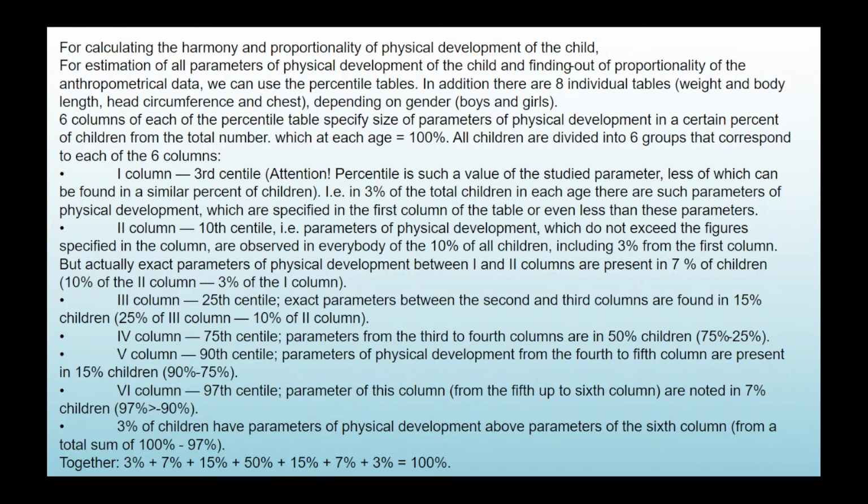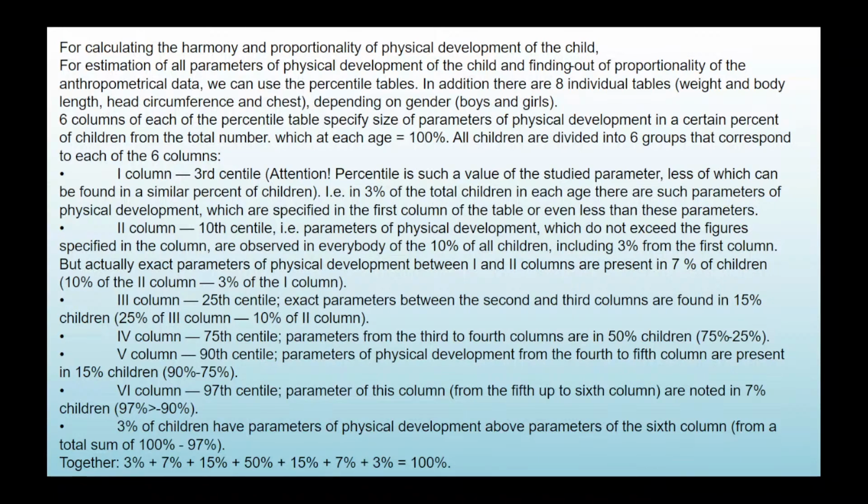The third column, 25th percentiles. Exact parameters between the second and third column are found in 15% of children: 25% of the third column minus 10% of the second column.